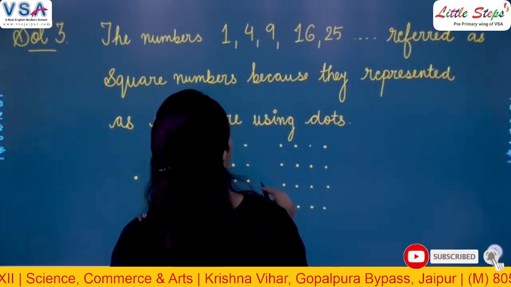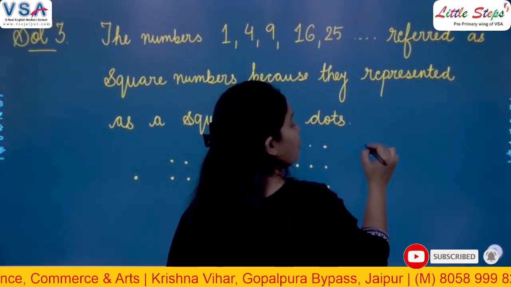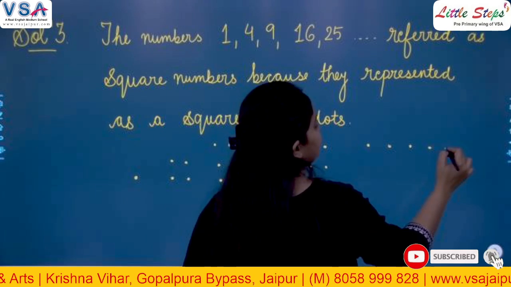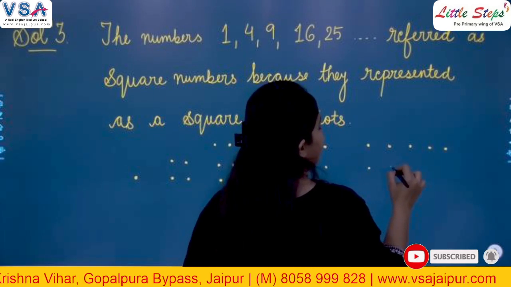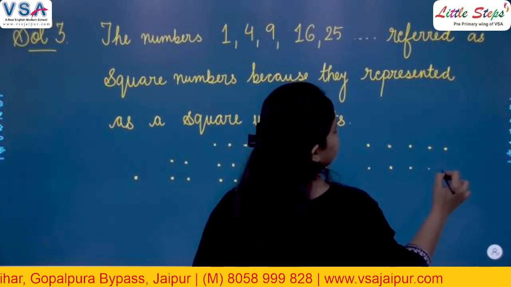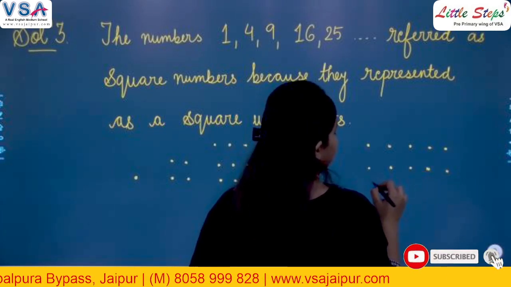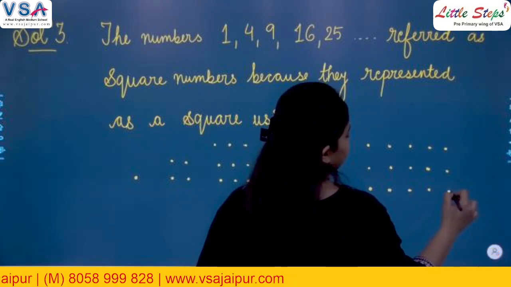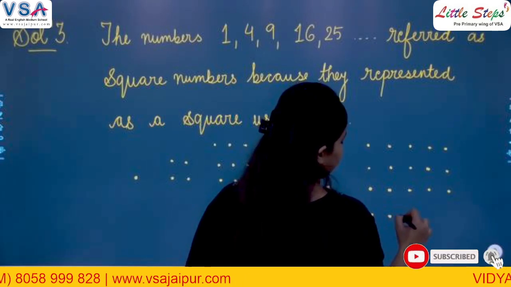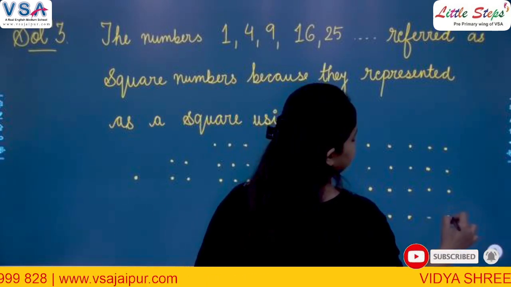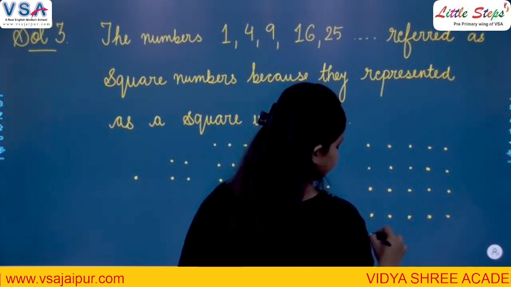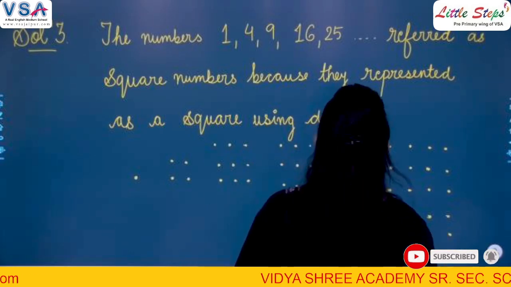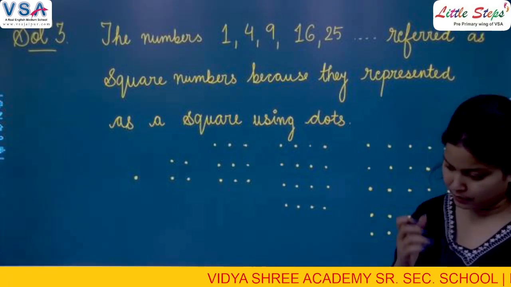Lastly, we have to draw 25. So what do we have to draw? 5 and 5. 5 times. This is how you will represent it visually. You have to draw this exactly.